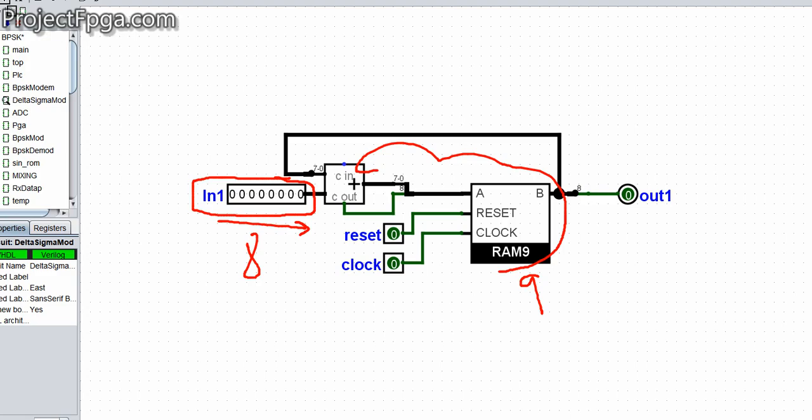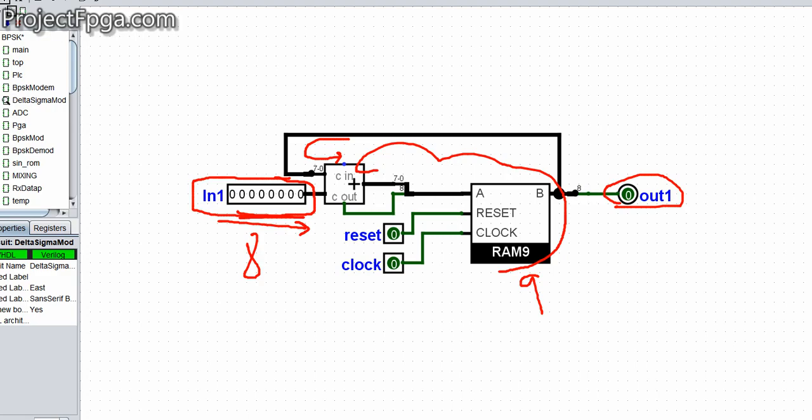So what it does is the 9th bit, that is the MSB, the most significant bit, is the one that actually goes out. Then from the 8th bit to the LSB comes back and is summed up with the next input on the next cycle, and then it goes back.